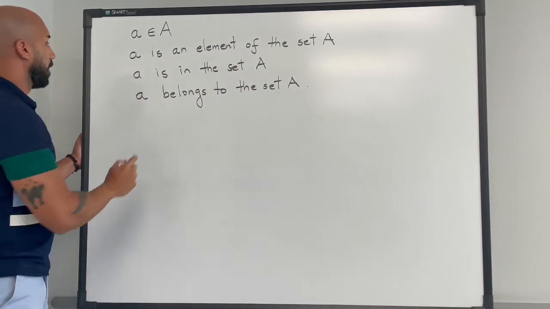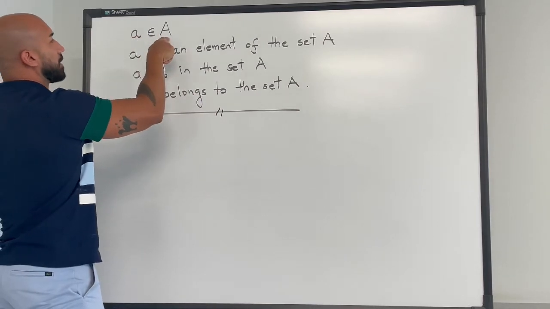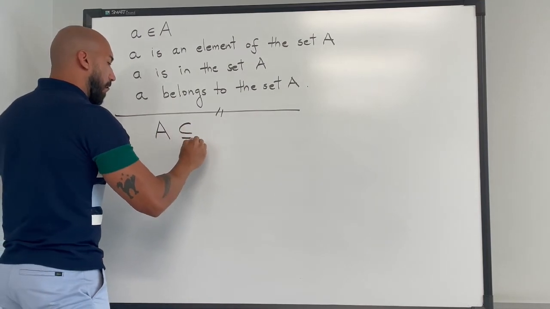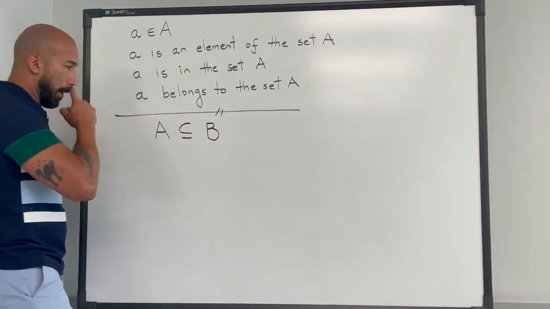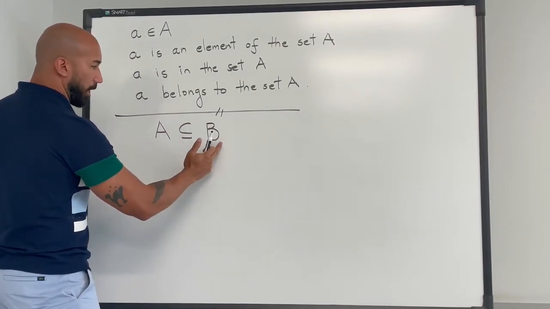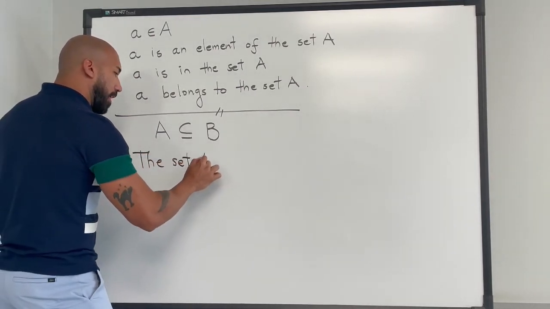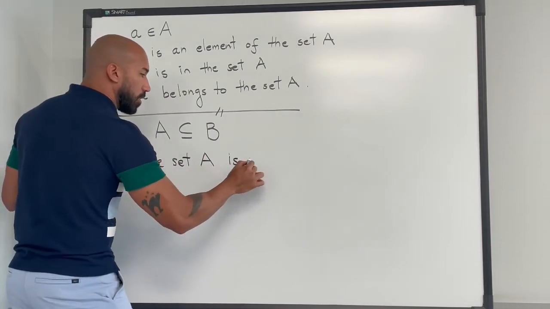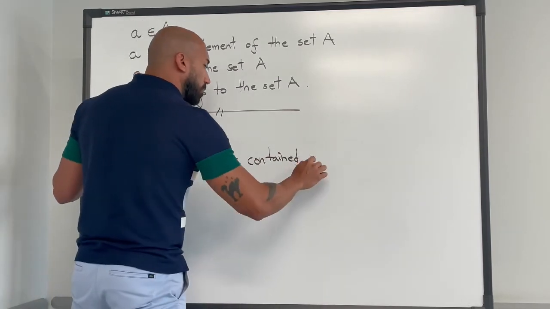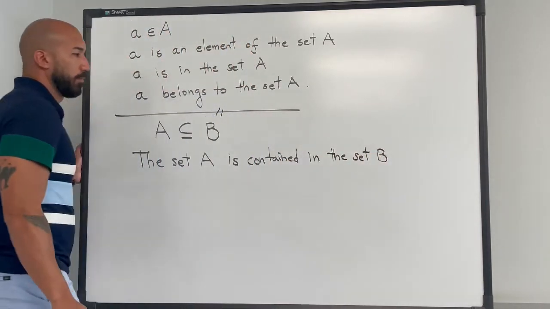And the other basic relation here, so notice that this relation here is relating an element and a set, and this one here means that, now these two are sets, we are using capital letters, so this means that the set A is contained in the set B.